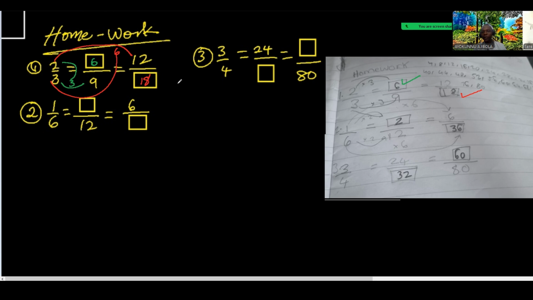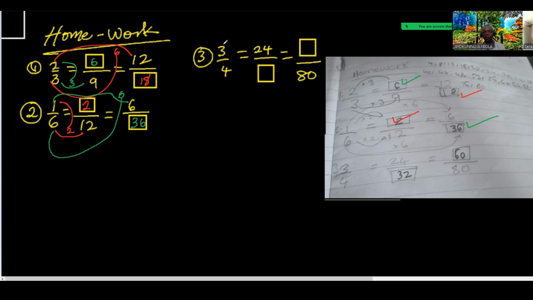And the next one, which is number 2, 6 times something gives us 12, and that's 2. So 2 times 1 gives us 2. Your work is correct. Then we have 1 times 6 gives us 6, and 6 times 6 gives us 36. It also shows that your work is correct.